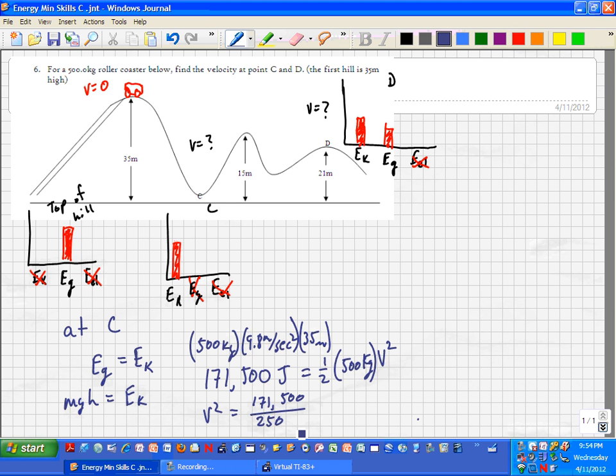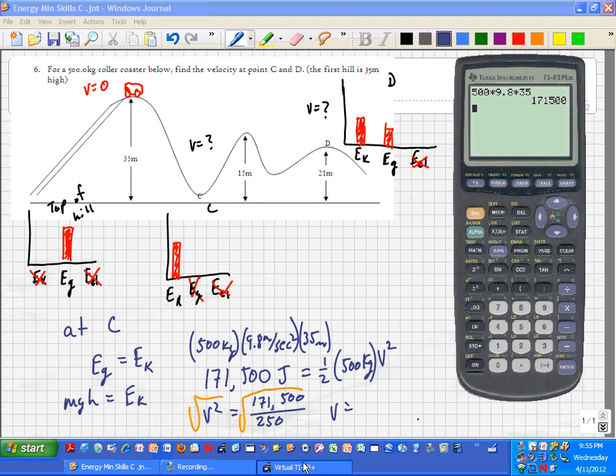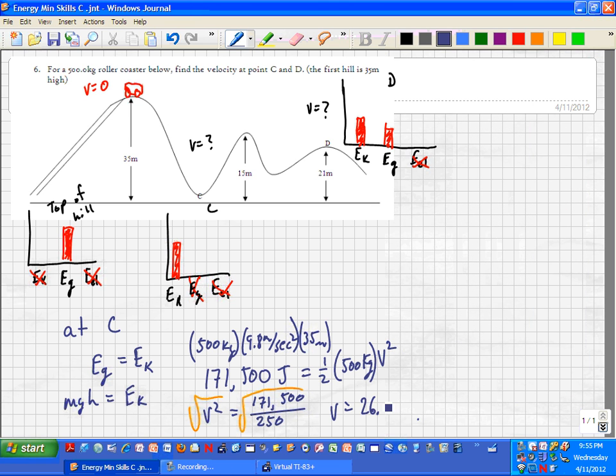We know this is going to be in meters per second. So v squared is equal to this mess here. I'm going to square root both sides to get a final answer. So 171,500 divided by 250, that's 686, and I want to square root that. So v is 26.2 meters per second. So that's at point C.